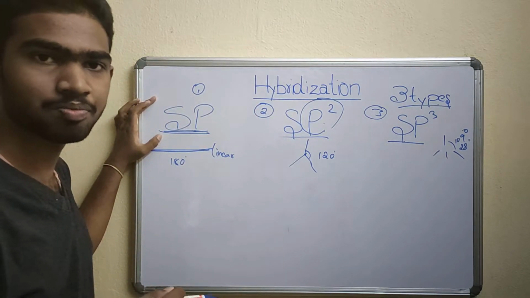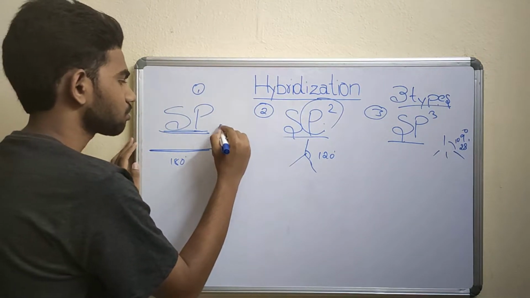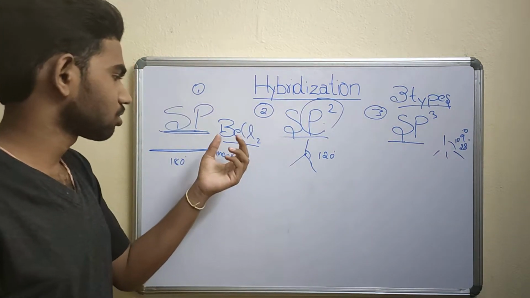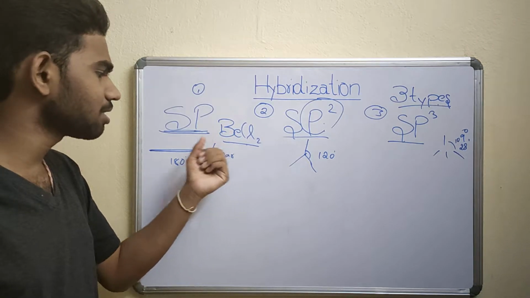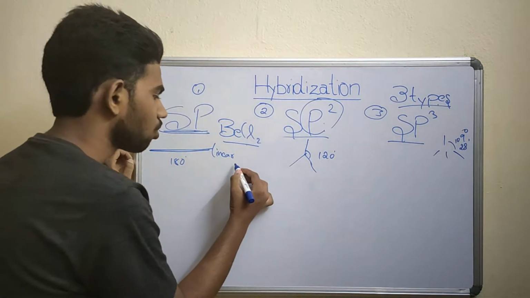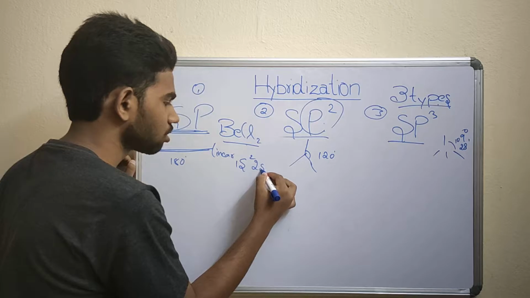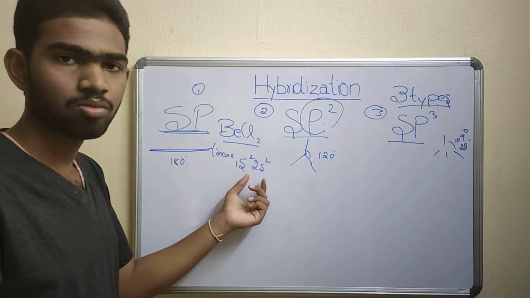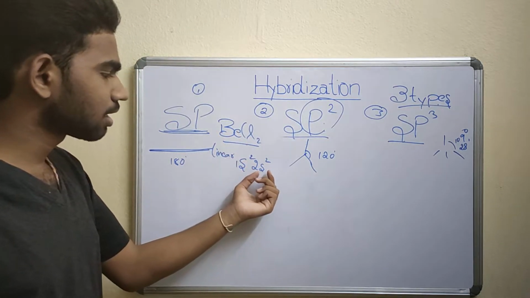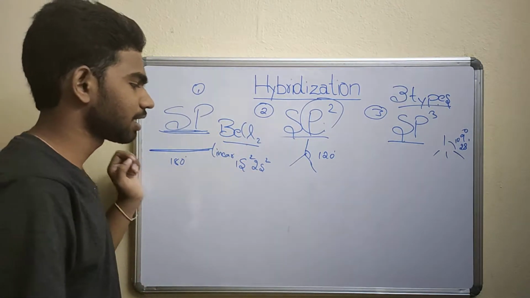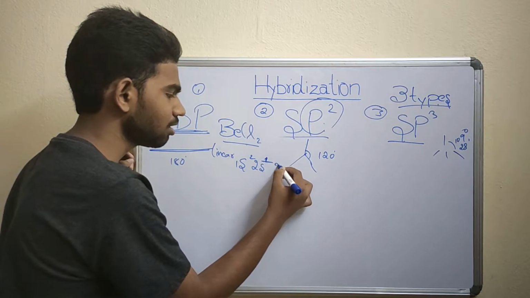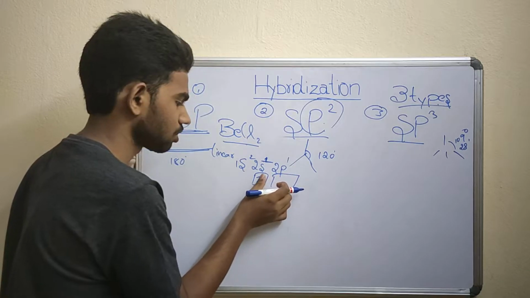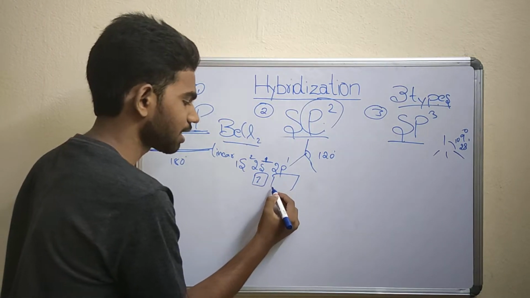For sp hybridization, we can take the example BeCl2. The electronic configuration of beryllium is 1s2 2s2, and there are no single electrons, so there are no bonding electrons. So the 2s2 gets excited and turns into 2s1 2p1, and then bonding electrons will be present.